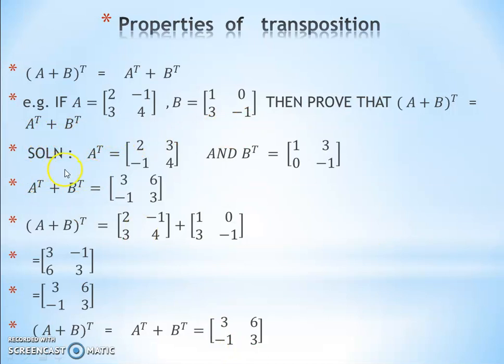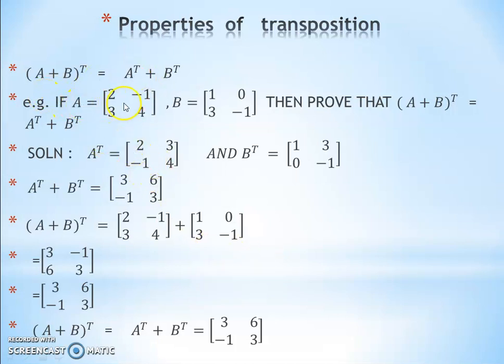Now the solution. A transpose is equal to [2 3; minus 1 4] and B transpose is equal to [1 3; 0 minus 1]. Now we have to check what A transpose plus B transpose is. How do we derive it?